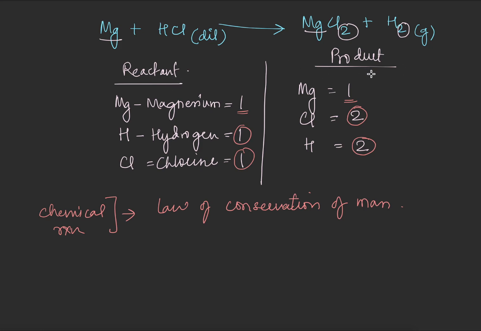Why are you doing this? Because every chemical reaction follows the law of conservation of mass. That is why we need to balance a chemical equation, to make sure that when you are writing a chemical equation, the number of atoms of each element is the same on both the sides.